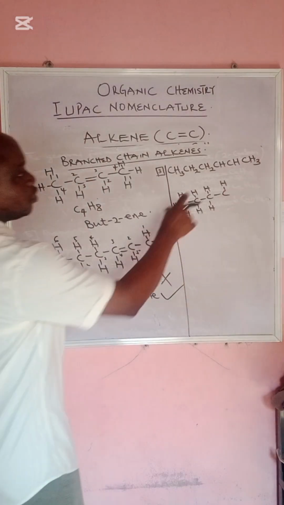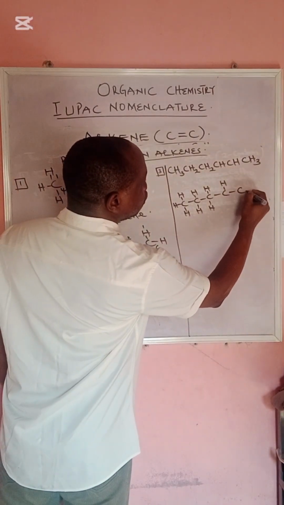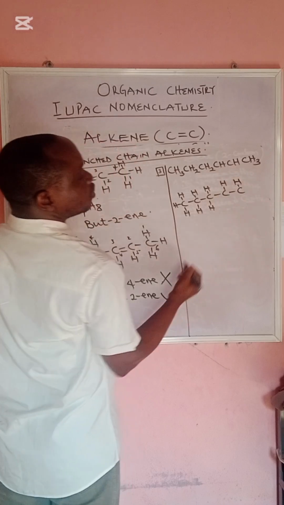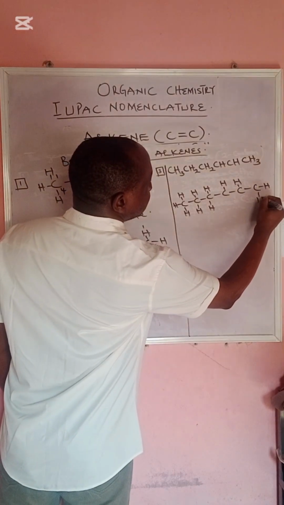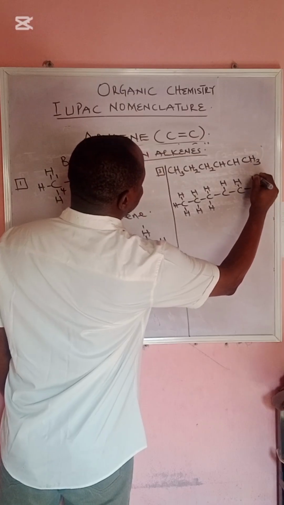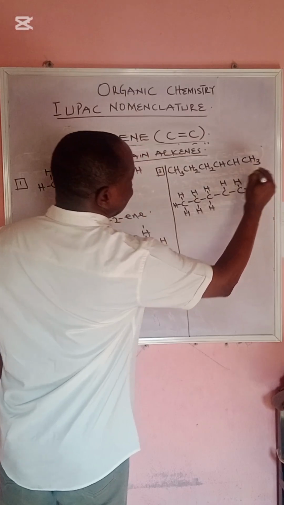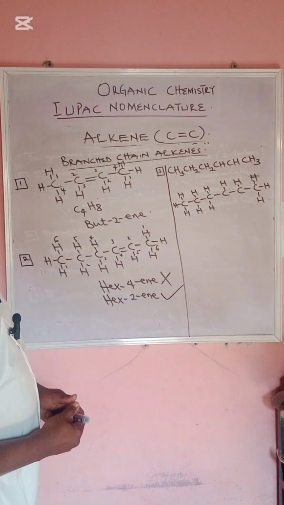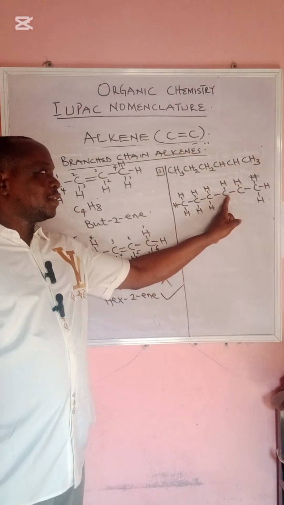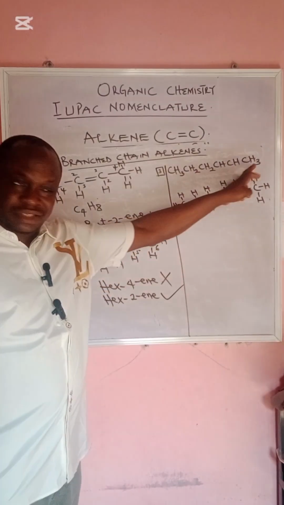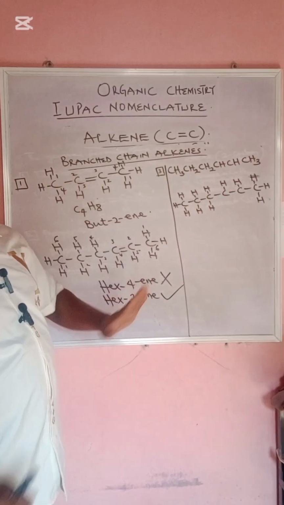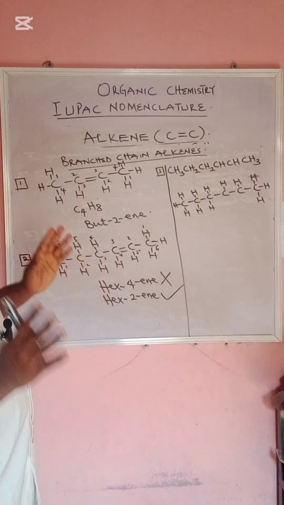Another carbon here with one hydrogen, that's all. Then CH3. You know clearly this can never be alkane because it lacks hydrogen here, and you cannot add hydrogen to the formula. So you can only tamper with the number of bonds.